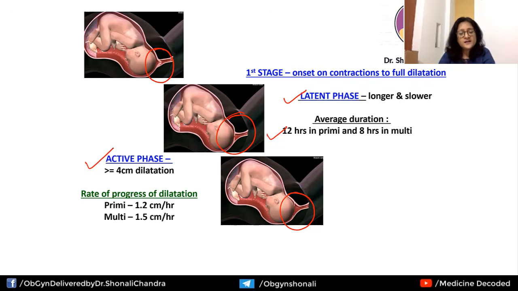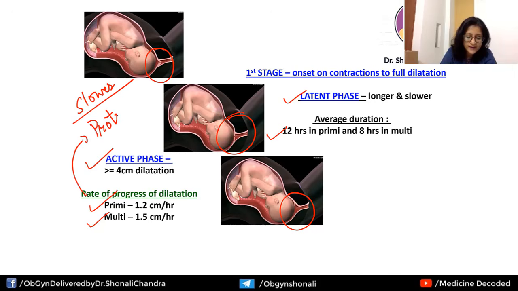When the active phase begins, the clock starts ticking. After this, the rate of cervical dilatation should be maintained at least at about 1.2 centimeters per hour in primigravidas and 1.5 centimeters per hour in multigravidas. Anything slower than this will be called protracted active phase.